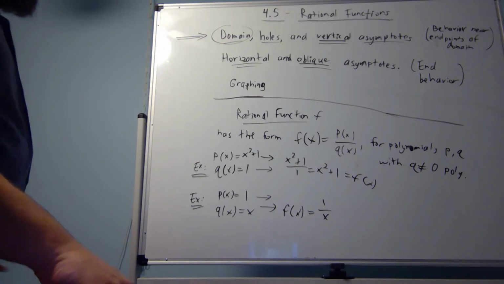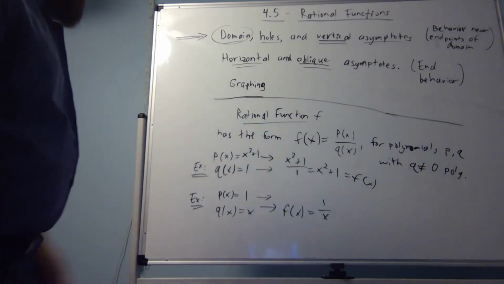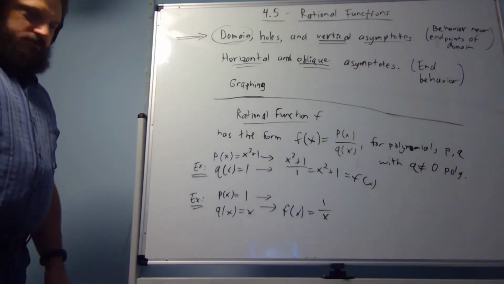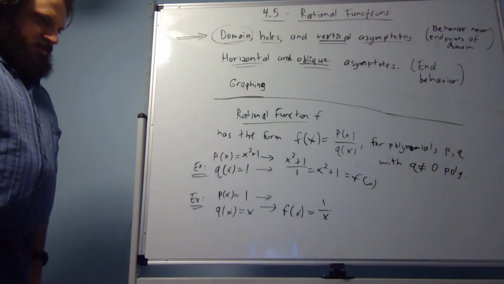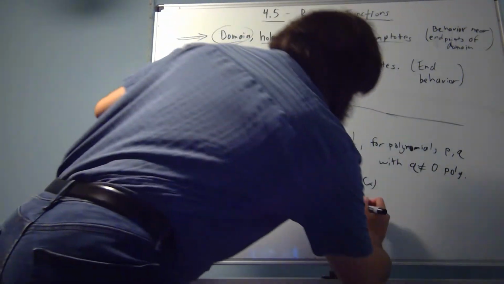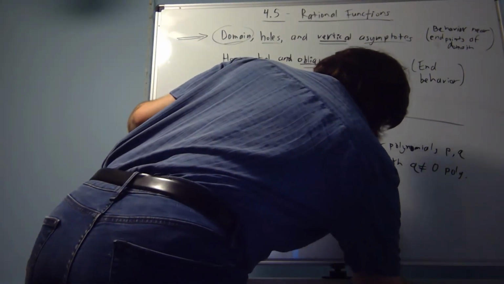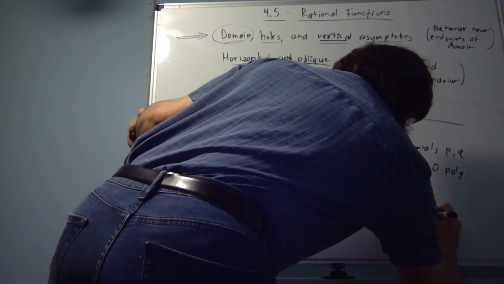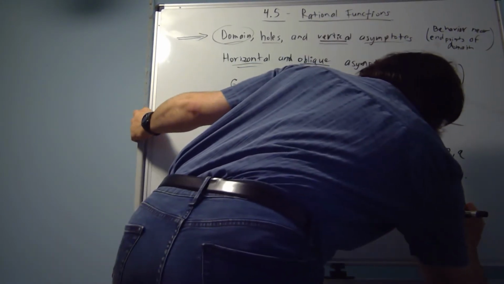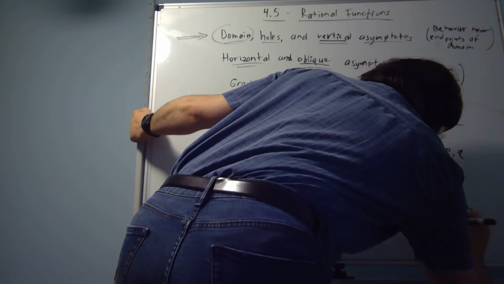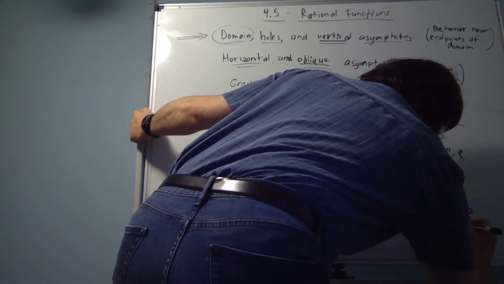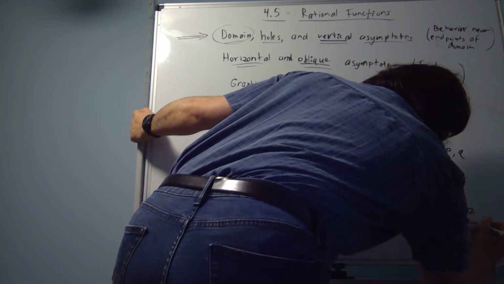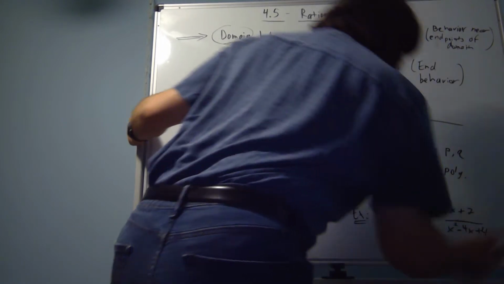But pretty soon we're going to deal with all sorts of animals. So more typical book problems would be like f of x equals 3x plus 7 over x squared minus 4x plus 4. I don't know, just whatever.